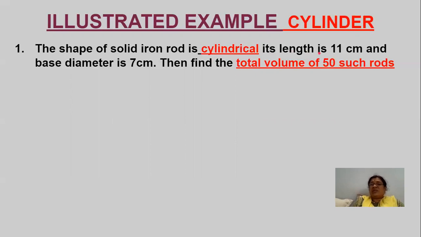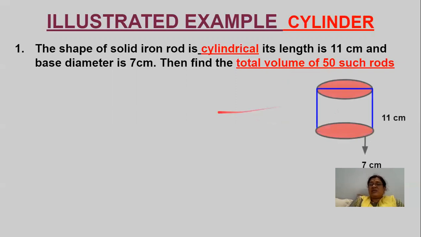See, cylinder is given, the length is 11 centimeters and the base diameter. See carefully, they may confuse. In this problem they didn't give radius, they gave diameter, and here he has directly asked the volume of 50 such rods. He didn't ask you the volume of a rod, he asked us to find the volume of 50 such rods.